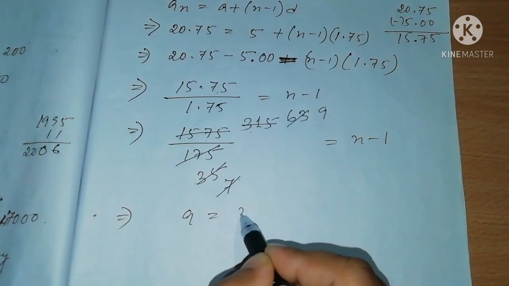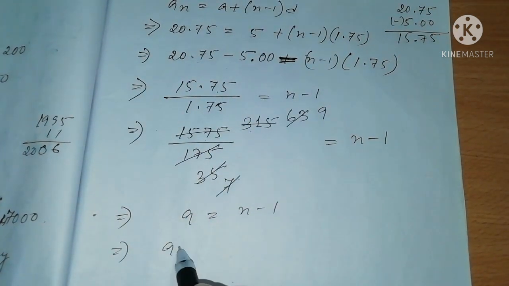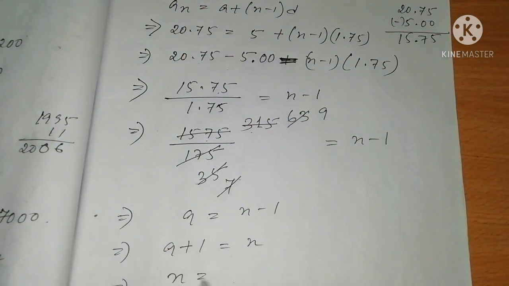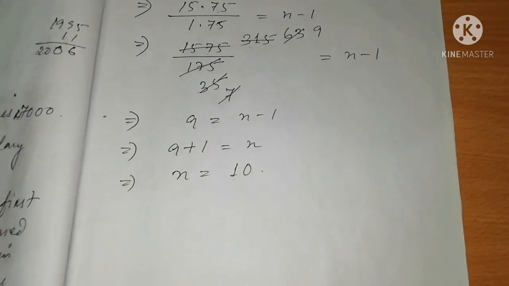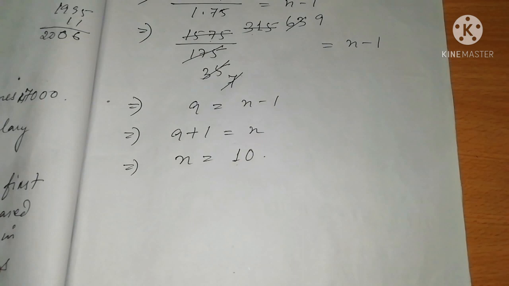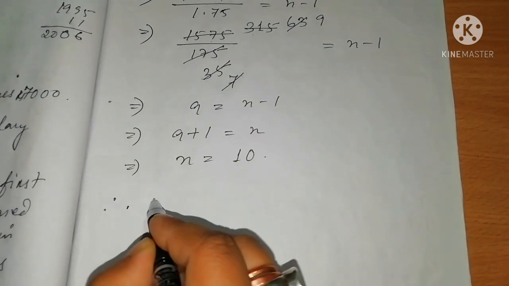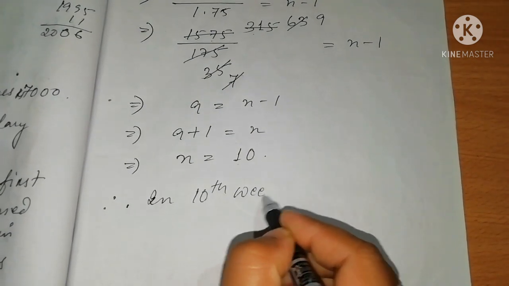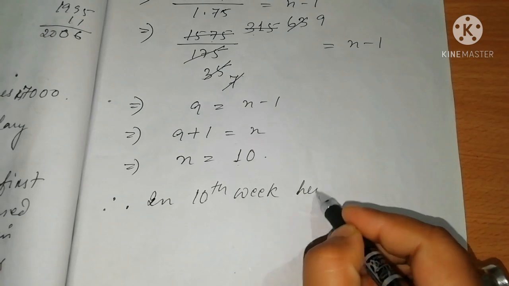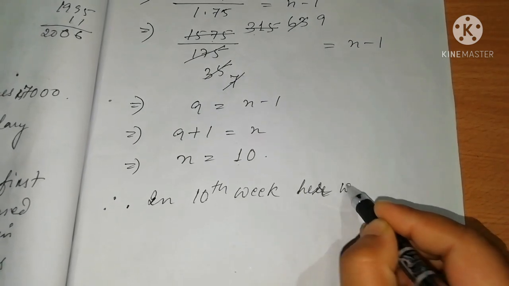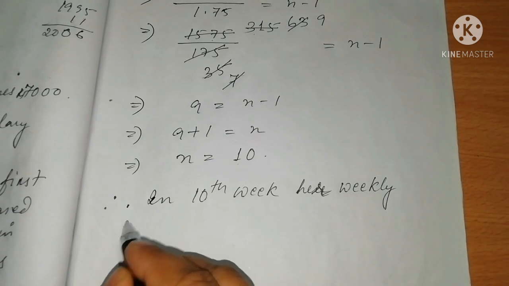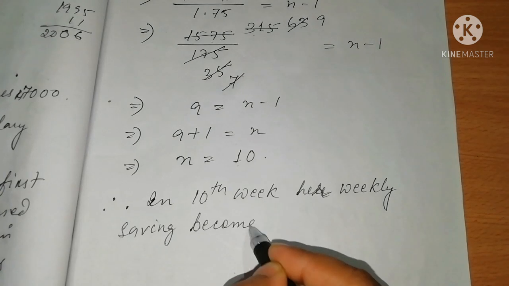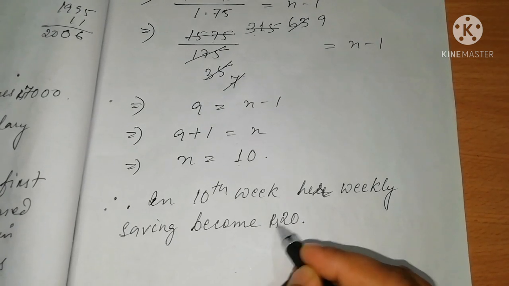So 9 equal to N minus 1. So 9 plus 1 is equal to N. So N equal to 10. That means in the 10th week, her weekly saving becomes rupees 20.75.